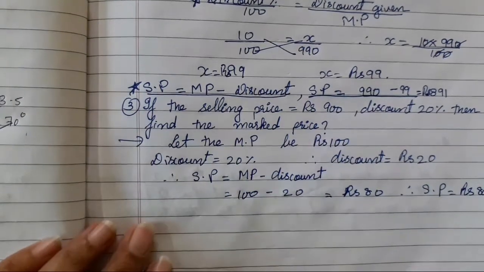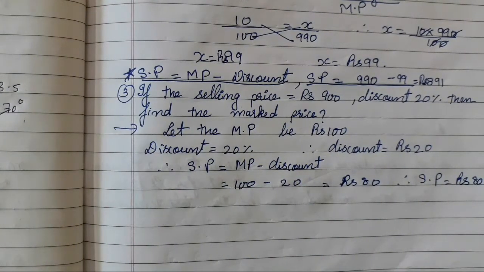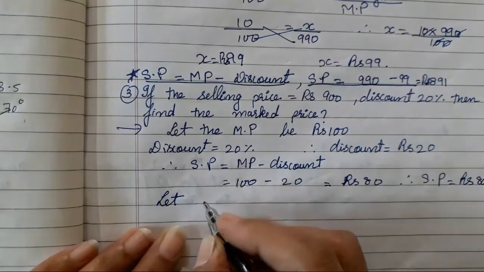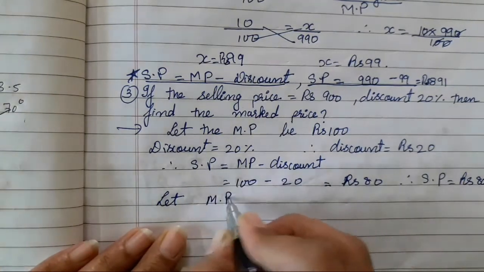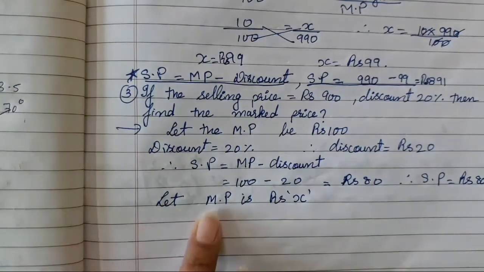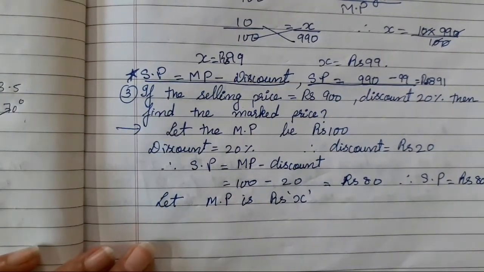Now, if the selling price is 80, then the marked price is rupees 100. Let's assume that MP is X. So let MP be rupees X, MP meaning marked price. It is to be sold at rupees 900, isn't it?